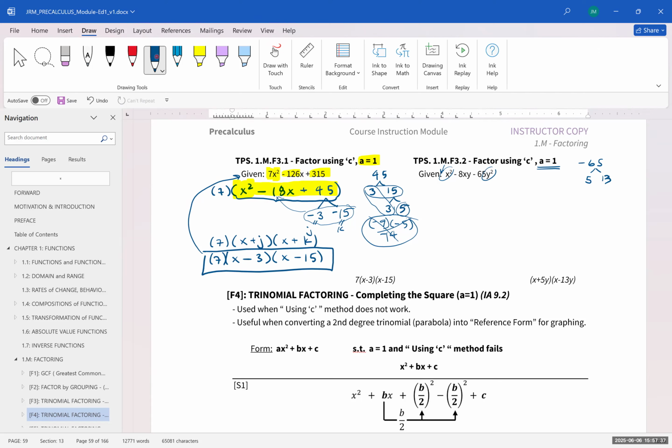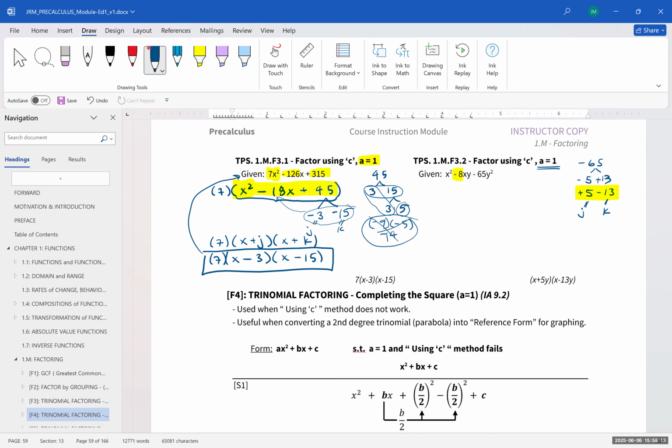So what we need to look at is only one of these two being negative. So we're going to have like negative 5 and positive 13, or positive 5 and negative 13. And so between those two options, when we add them together, only these two are going to add together to give us negative 8. So this is our j, and this is our k.